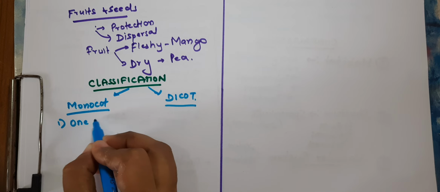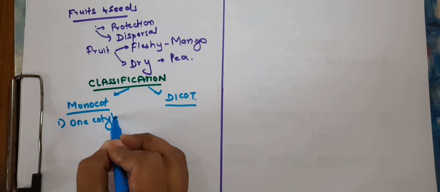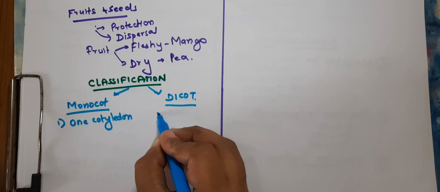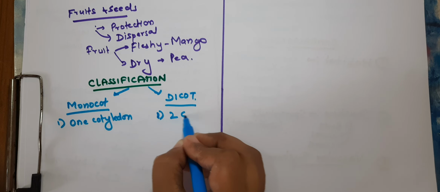Let's understand them one by one. The monocot has one cotyledon. This is the basic difference between the monocot and the dicot, whereas the dicot has two cotyledons.